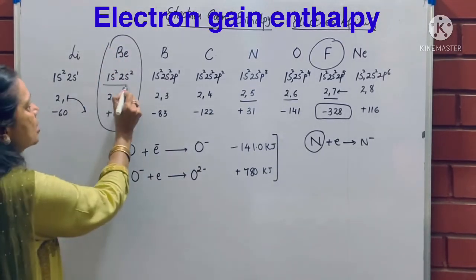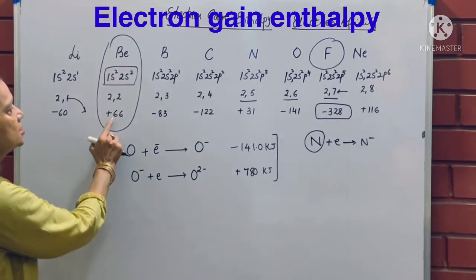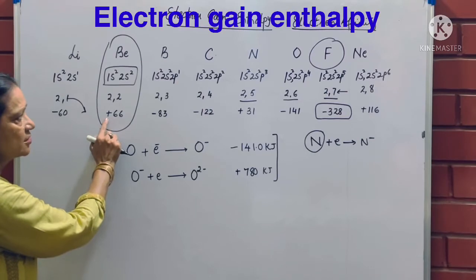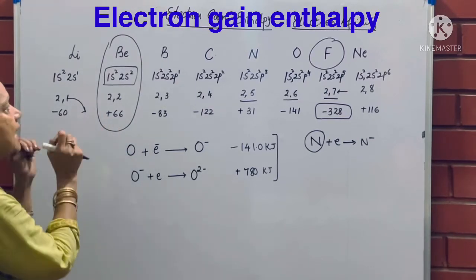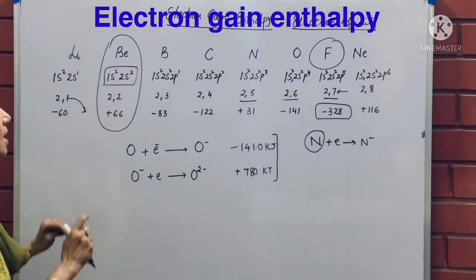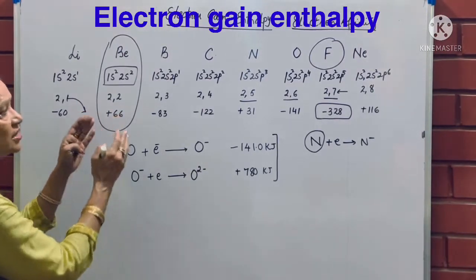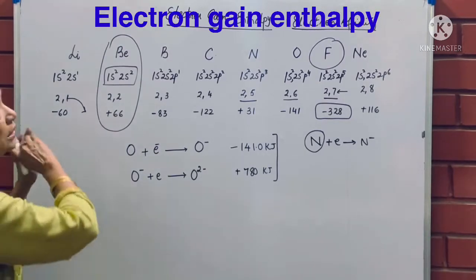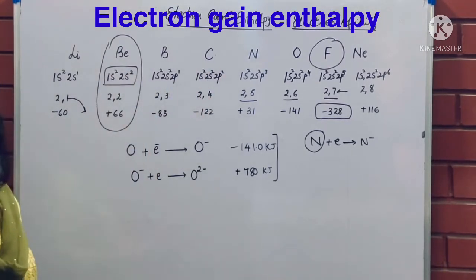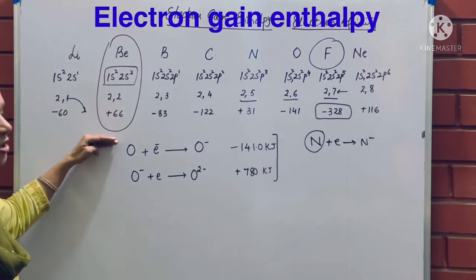If it is already stable with this electronic configuration, the energy here I've written as positive, because if I want to give one more electron to this atom, I'll have to apply some energy. It's not going to release energy. Although I said electron affinity is the energy released, in a few cases energy cannot be released.